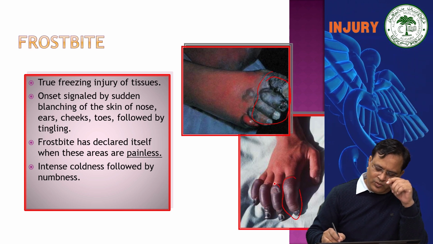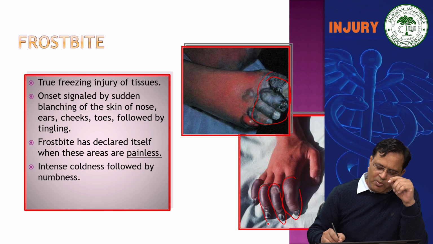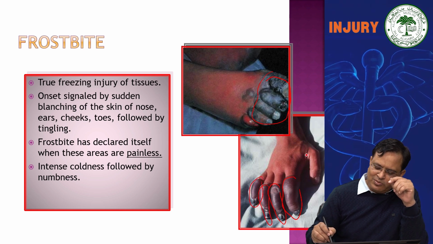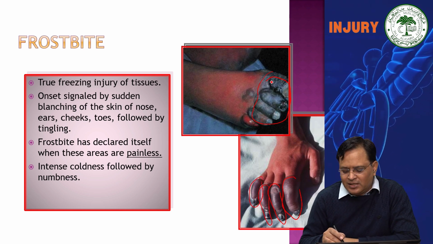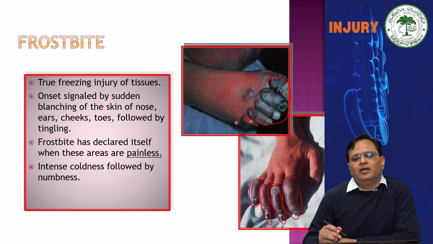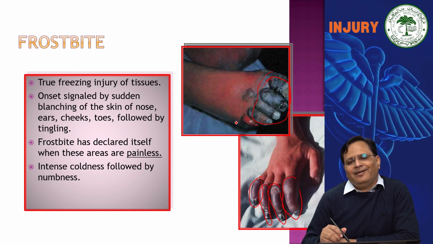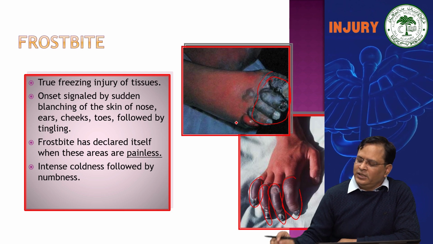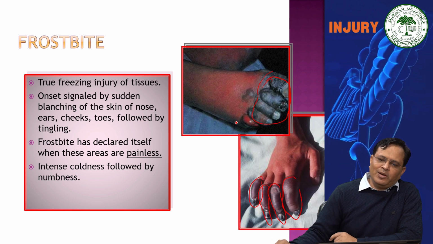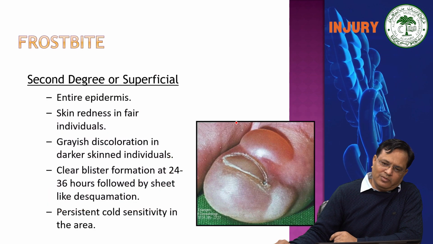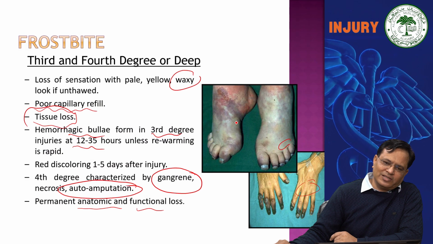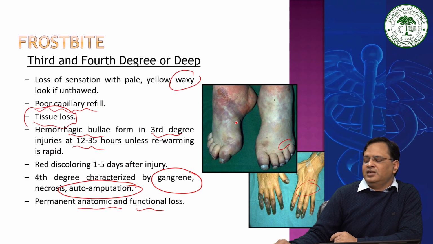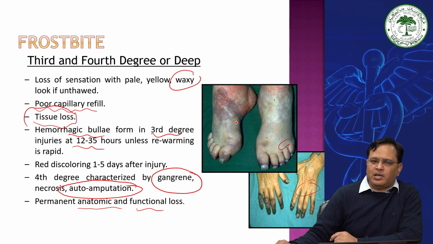If we don't take proper measures in proper time, there are maximum chances that these digits can develop gangrene and self-amputate, or we have to amputate them, and we should be worried about saving the limb and preventing further disability.